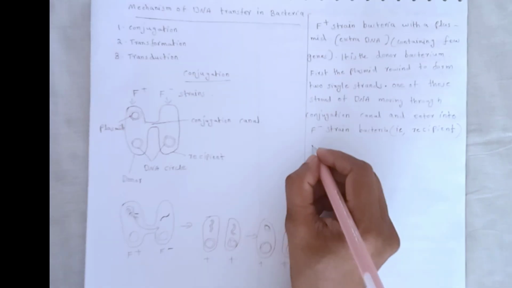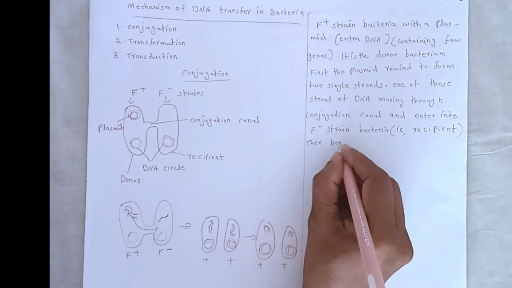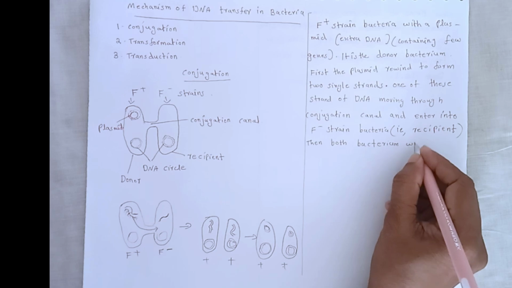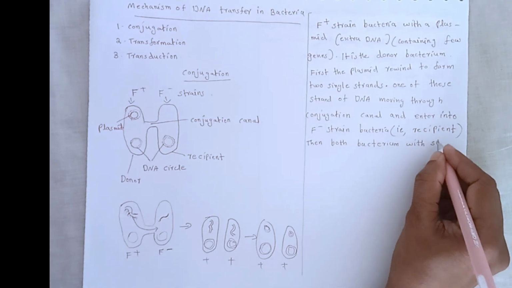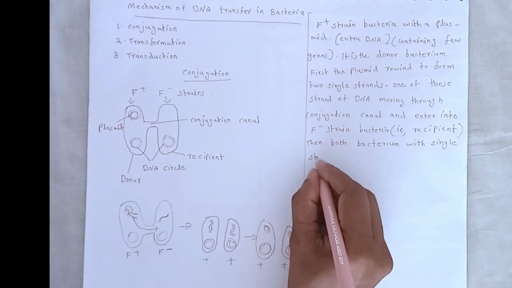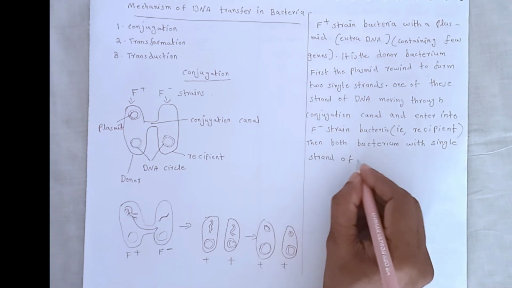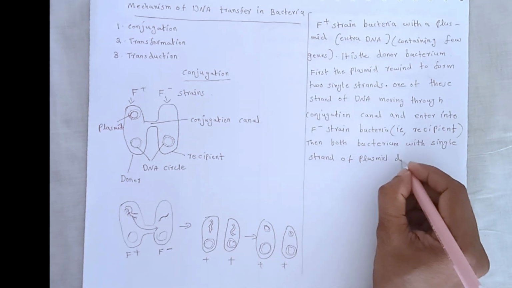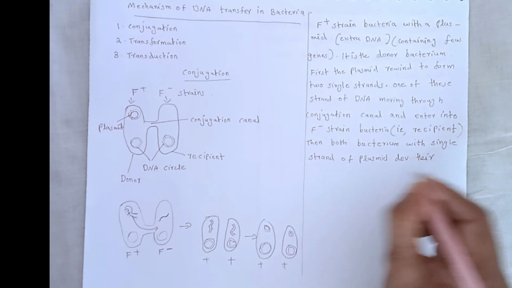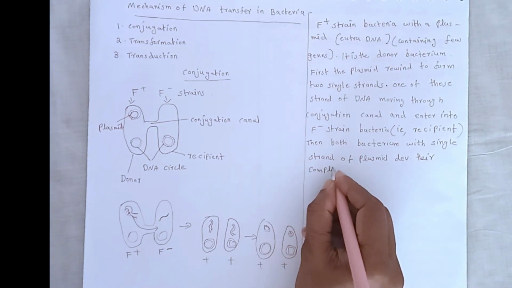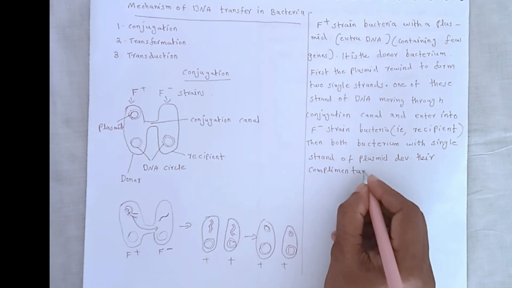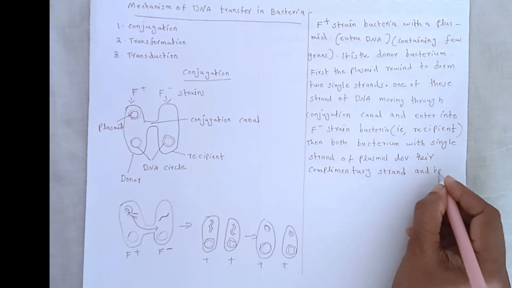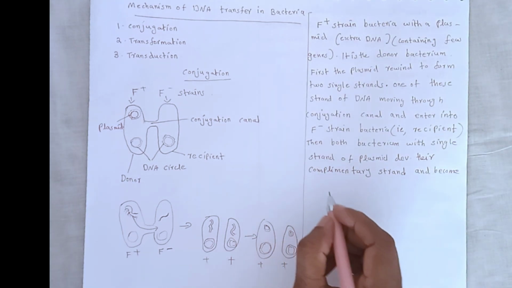Then both the bacterium with single strand plasmid of plasmid develop their complementary strand and become double stranded plasmid.